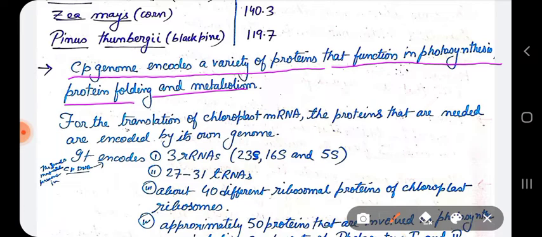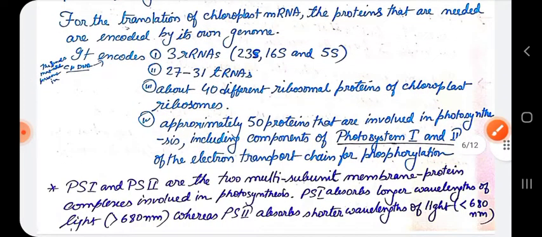Most of the genes that are found within the chloroplast DNA encode three different types of rRNA: 23S rRNA, 16S rRNA and 5S rRNA. It also encodes 27 to 31 different tRNAs and about 40 different ribosomal proteins of chloroplast ribosomes.